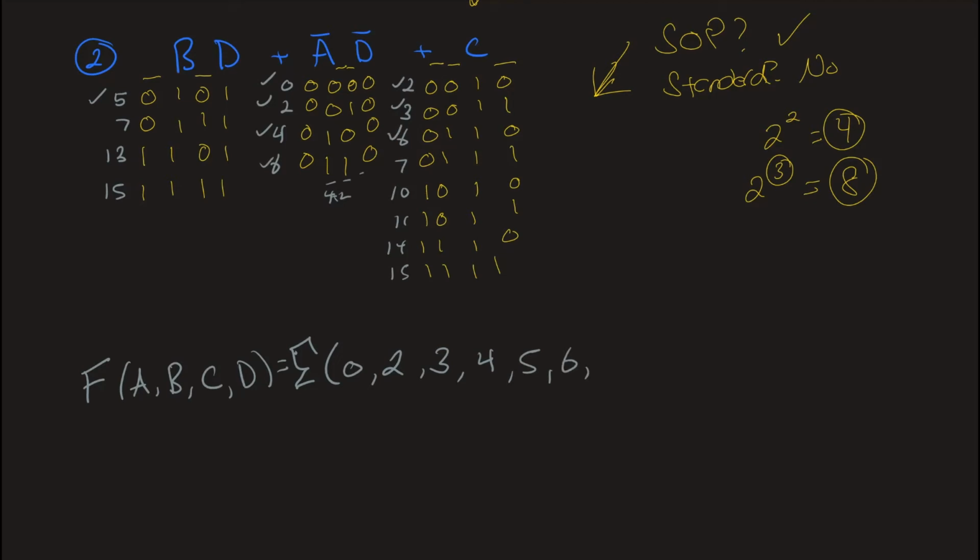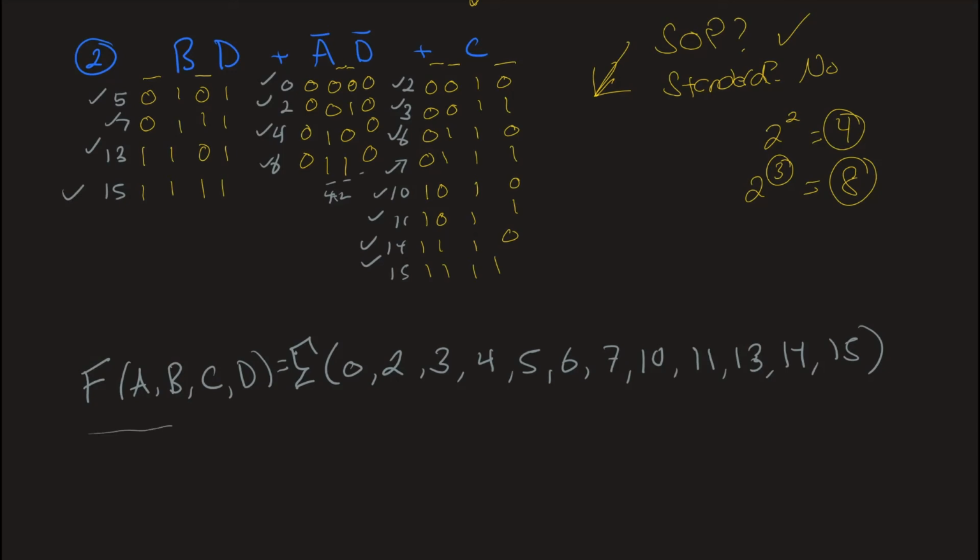Once we get the K-mapping, we're going to be able to simplify it. That's the whole point of getting these values. It's true at 7. I had to pick one where they're almost all true. It's true at 10. It's true at 11. It's true at 13, 14, and 15.